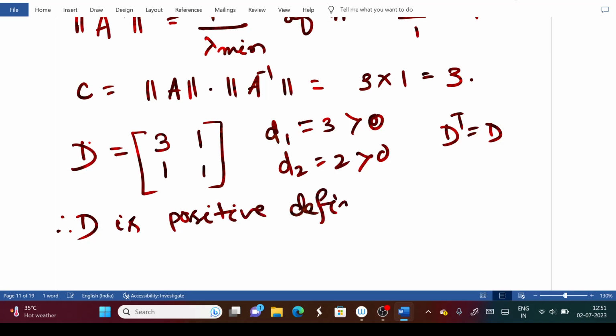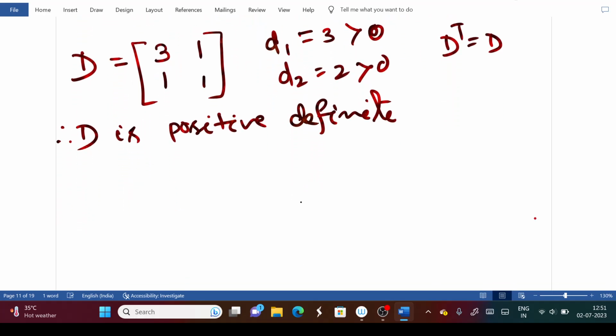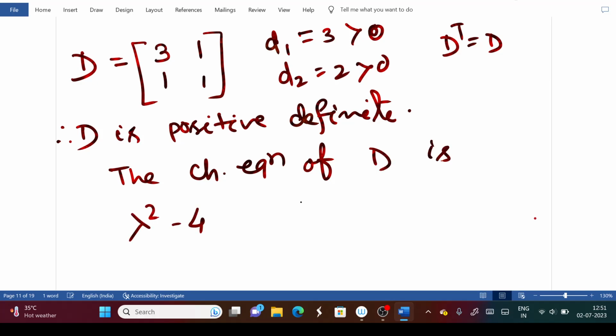Once it is positive definite, what about the eigenvalues? The characteristic equation of D is lambda square minus 4 lambda plus 2 is equal to 0.